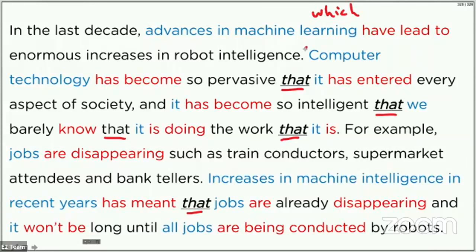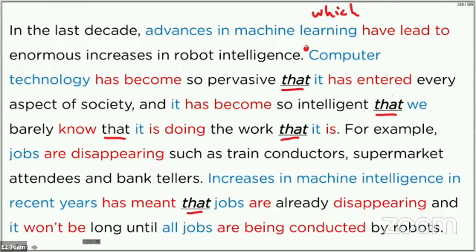So have a look at this one here. Computer technology has become so pervasive that, subject, verb, object, it has entered every aspect of society. In fact, this one goes on, and it has become so intelligent that, subject, verb, object, we barely know that is actually way more complex.